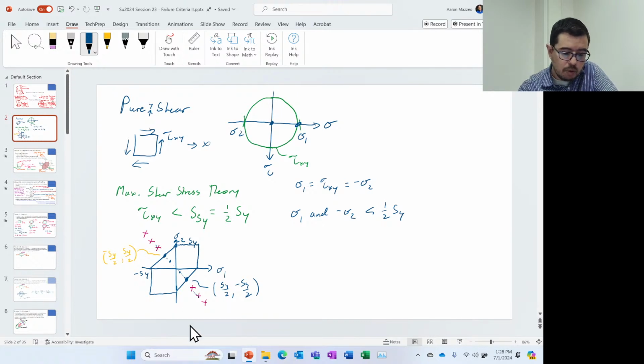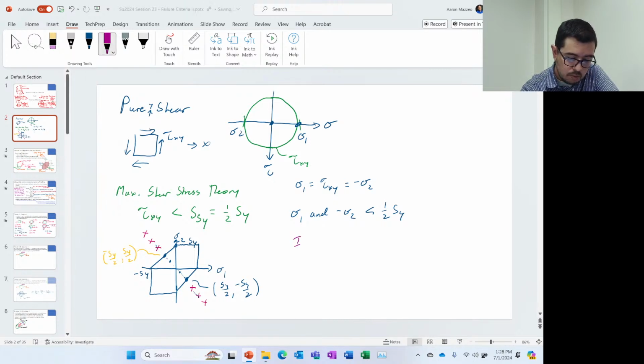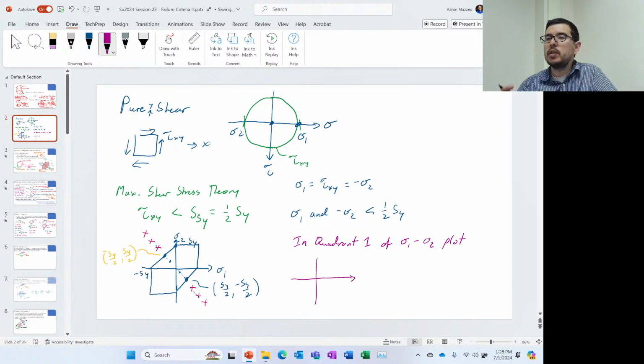In quadrant 1 of the sigma 1, sigma 2 plot, all the Mohr circles are going to have a sigma 1 and a sigma 2 on the right side of the tau axis.